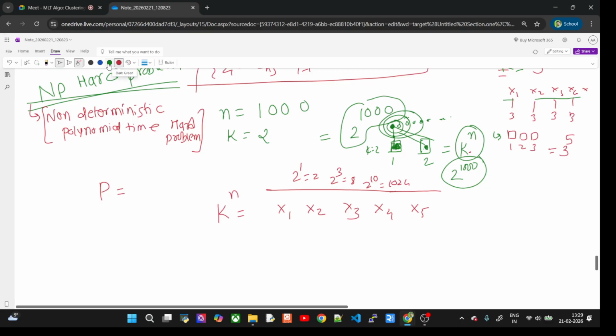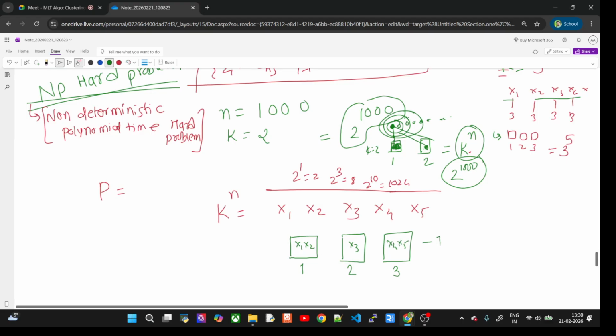Now we have the points x1, x2, x3, x4, x5, and your task is to put these 5 points into 3 boxes: box number 1, box number 2, box number 3, with any combination you can put. First time, you will say x1 and x2 will go to box number 1, x3 will go to box number 2, and x4, x5 will go to box number 3.